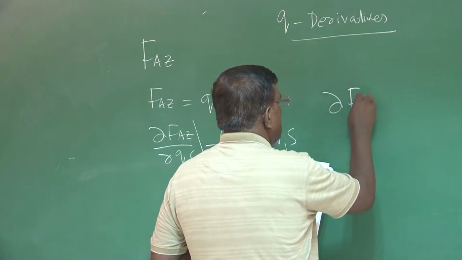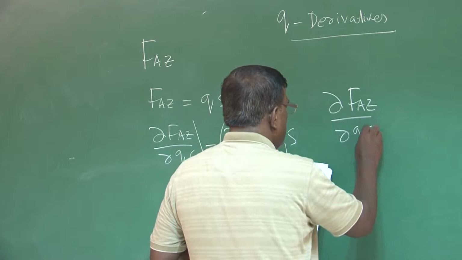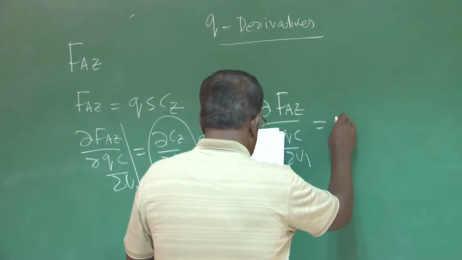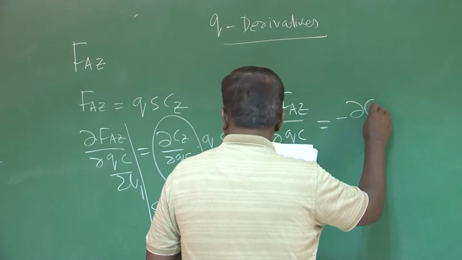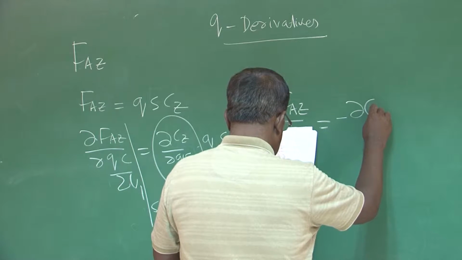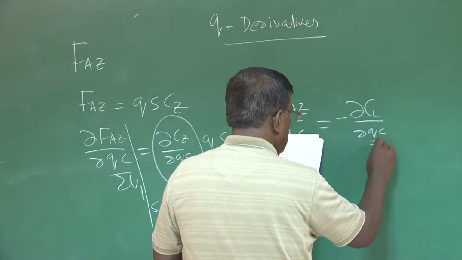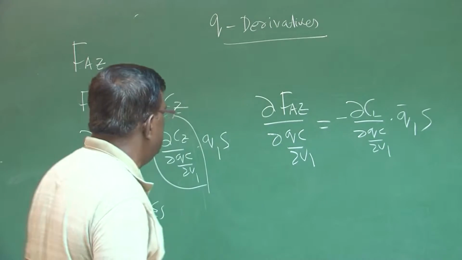You can see yourself, I can write dFAZ by d(QC/2U1) is equal to minus dCL by d(QC/2U1) into Q1 S. How do I write this?